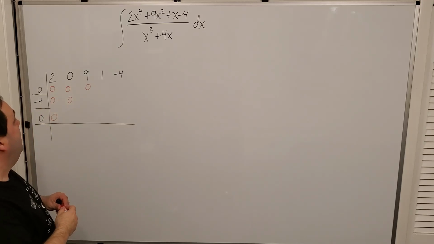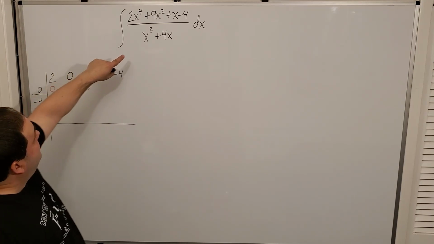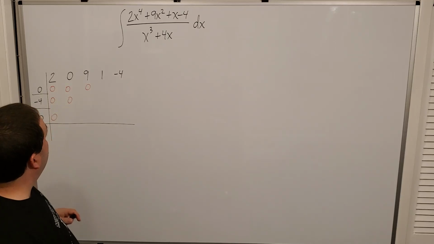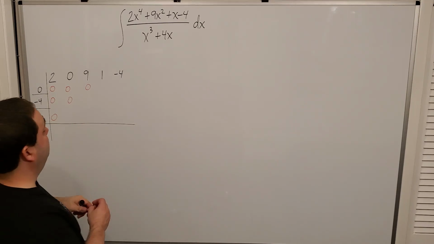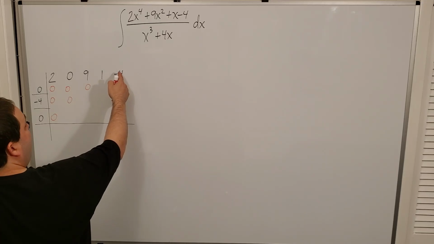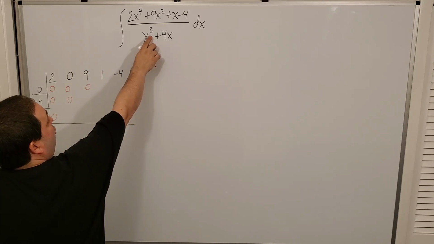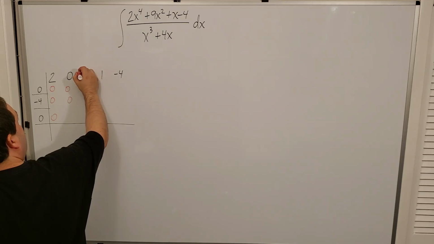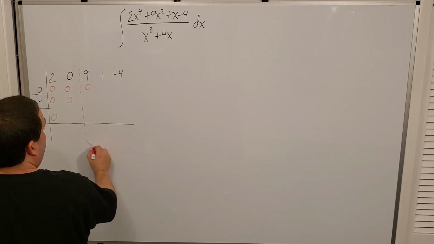And since this is an x cubed, then I can expect 3 remainder columns, because I have to have number, x and x squared that are less than x cubed. So technically my remainders are going to cut off here. These 3 columns are going to be remainders.